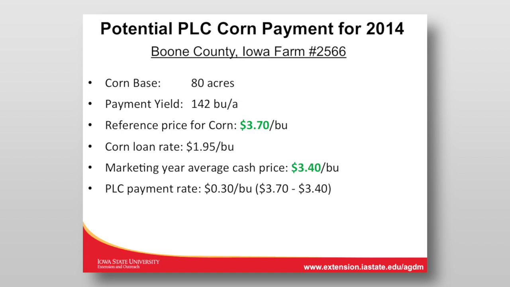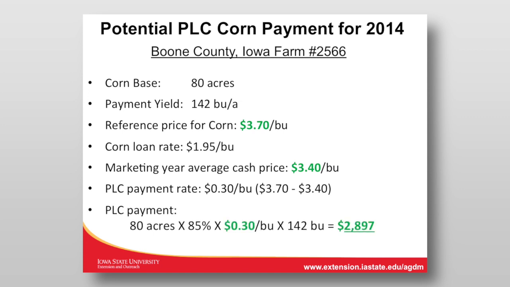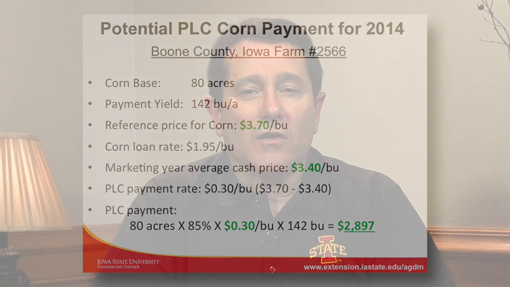Based on the information in front of me, the difference between 370 and 340 is 30 cents. I'd simply multiply the 80 base acres of corn on the farm times 85%, times that 30-cent difference, times the 142 bushel payment yield, and I'd come up with a total PLC payment of $2,897, or roughly about $35 an acre.